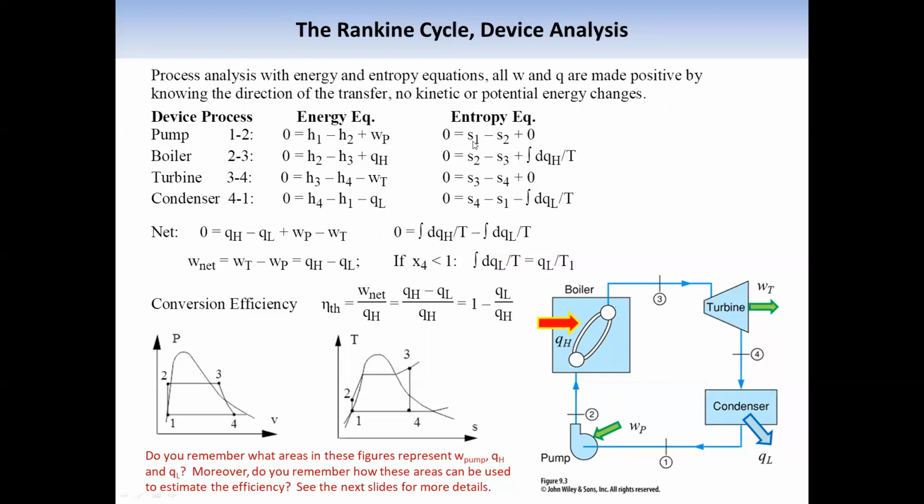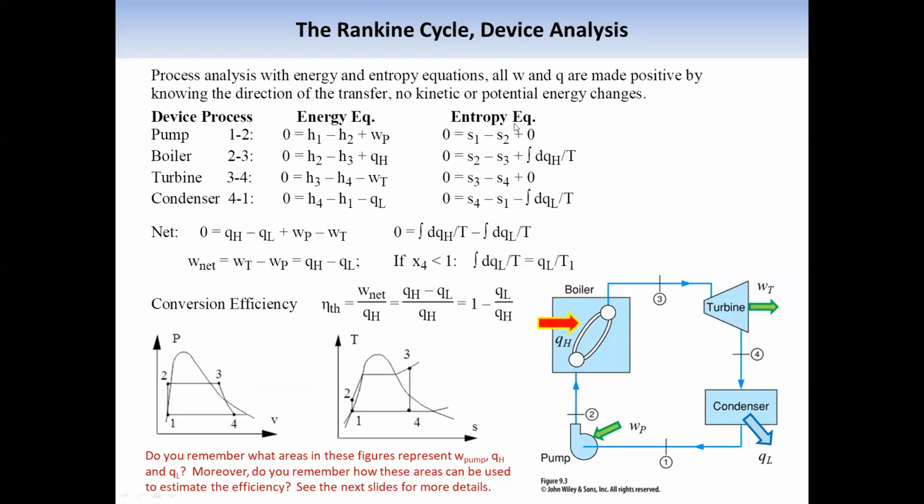entropy of inlet minus entropy of outlet plus heat transfer term plus entropy generation term. Since there's no heat transfer in the pump, that term is 0, and because the pump is operated in the reversible condition, there is no entropy generation.